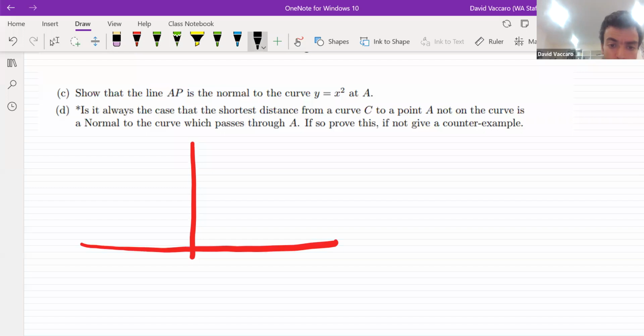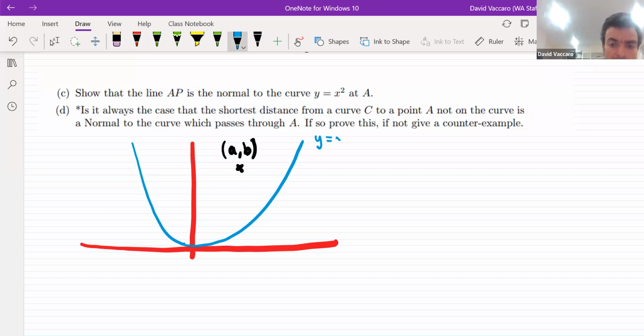We have this given point, which is (a, b). We have this curve, which is y equals x squared. And we have this point on the curve, which is (x, y), but I might as well call it (x, x squared). This point is A, and this point is P. And the question tells me to find AP, and it's quite nice because it tells me to find AP squared.